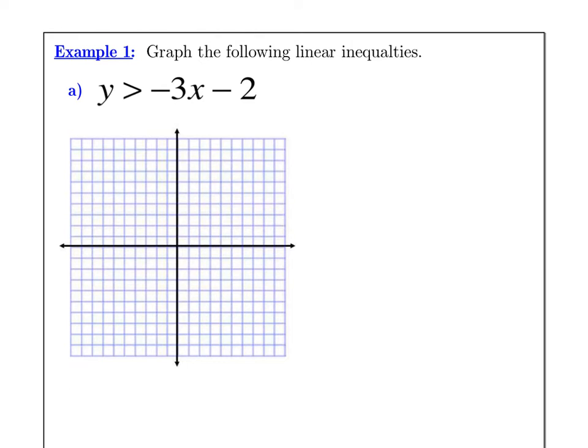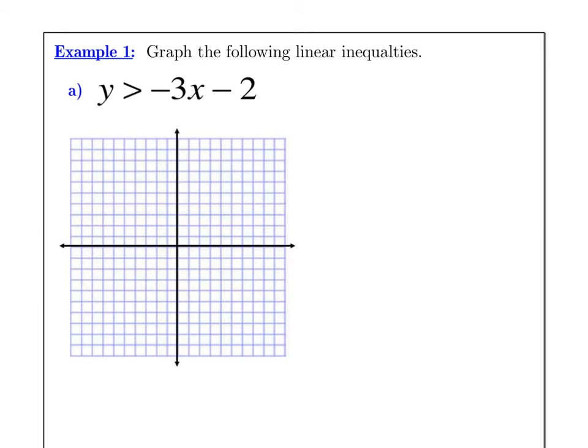Okay, our first example is y greater than negative 3x minus 2. This inequality is already in y equals mx plus b form, so I'm going to go ahead and graph this using slope-intercept form.